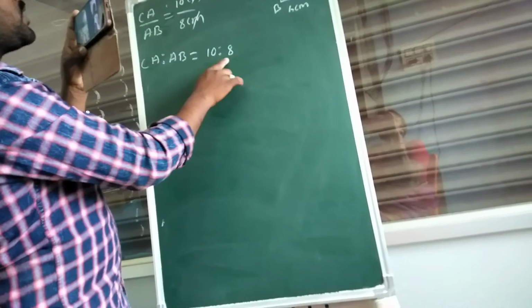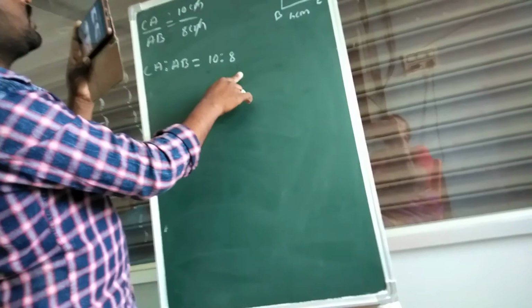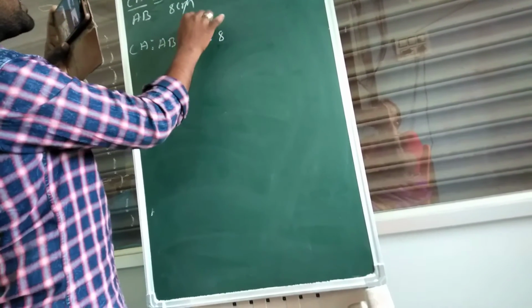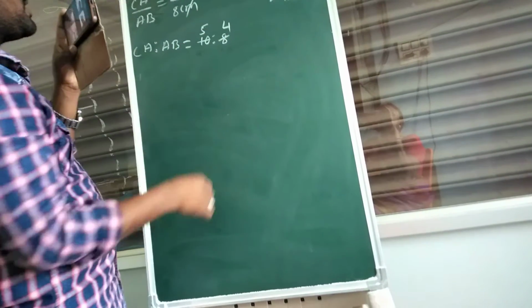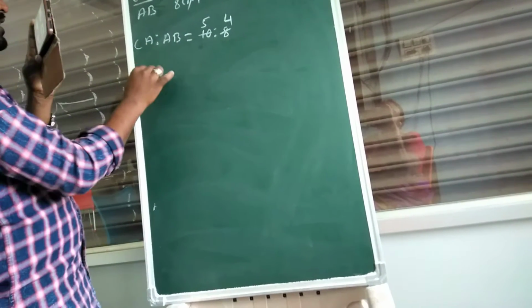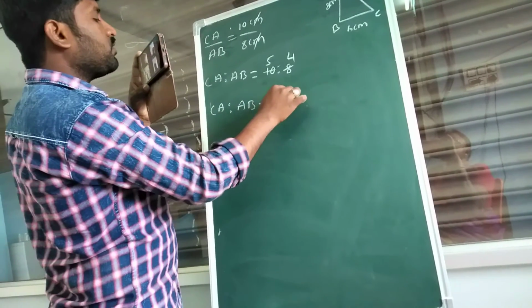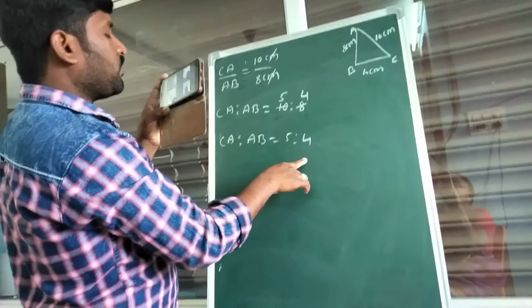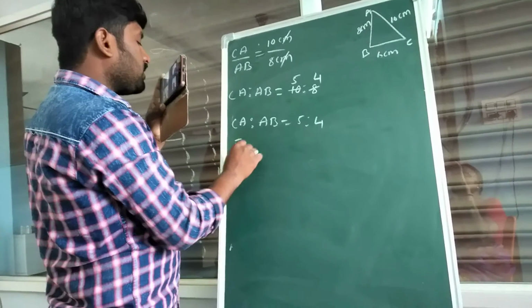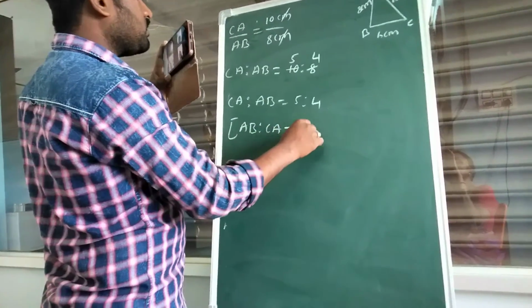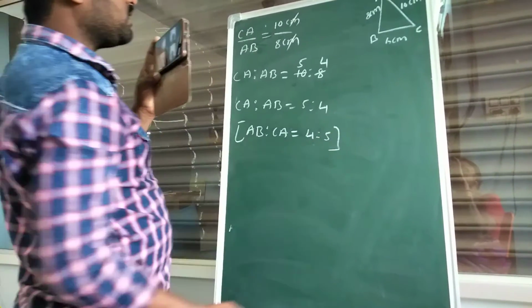Again the HCF of these two numbers is 2 only. That's why you cancel with the 2. 2 5s are 10, 2 4s are 8. Then we can write here CA is to AB is equals to 5 is to 4. Reversing it, AB is to CA is equals to 4 is to 5.